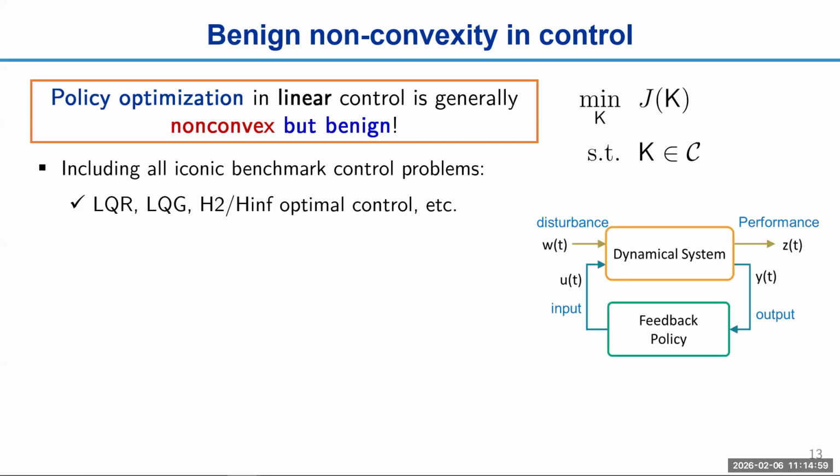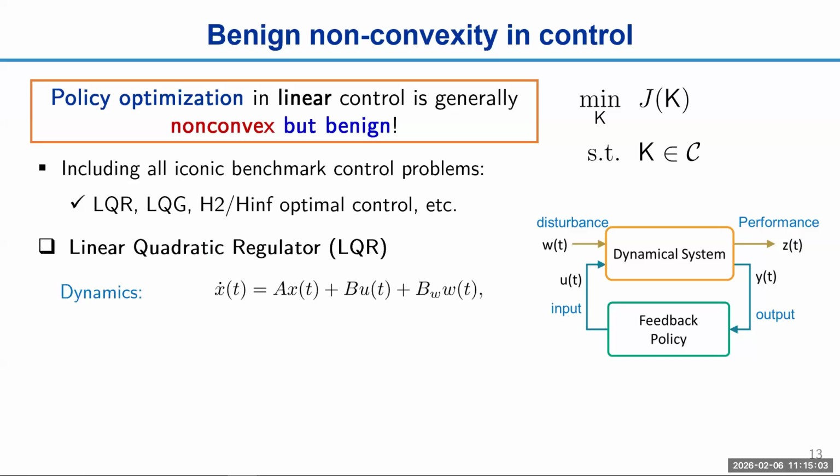So let's look at the LQR problem in particular. We have this block diagram, and in LQR, the dynamics will be linear dynamics. Here I look at continuous time, and the results also hold in discrete time. The controller is the same thing. We design a linear feedback controller. The u will be a linear function of x, and K will be the parameter you want to design.